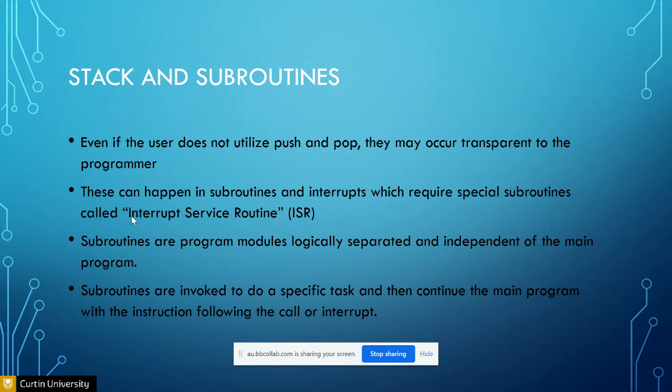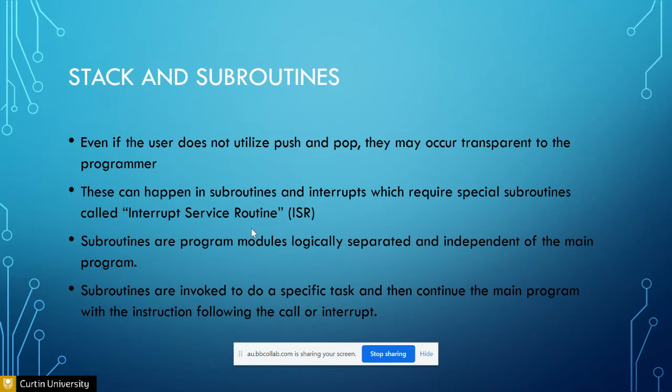So that particular routine is called an interrupt. Now when you interrupt the main program in your main while 1 loop, something needs to be passed to the stack. There is a stack reserved for this kind of subroutine.